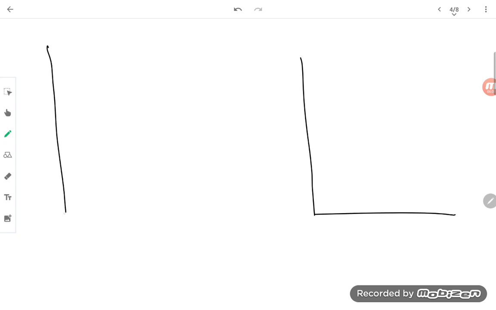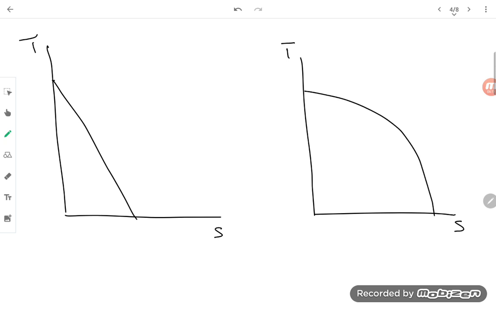The shape of PPF can be straight line PPF or concave PPF.